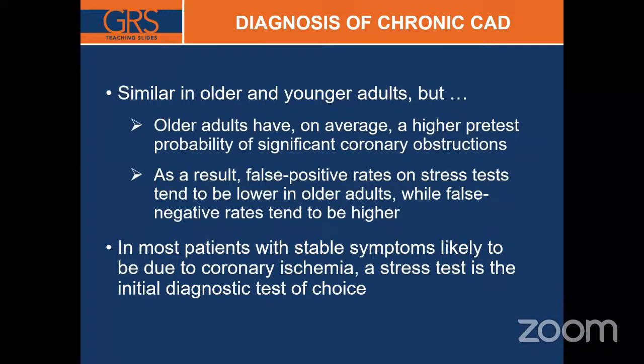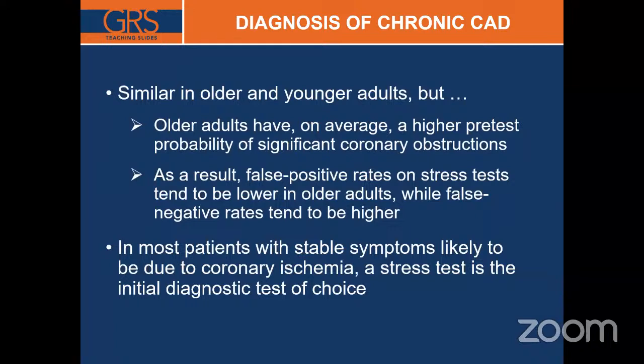This higher pretest probability in older adults often results in lower rates of false positive results from stress tests, which are commonly used in initial diagnostic tests. However, paradoxically, older adults also tend to experience higher rates of false negative results from these tests.